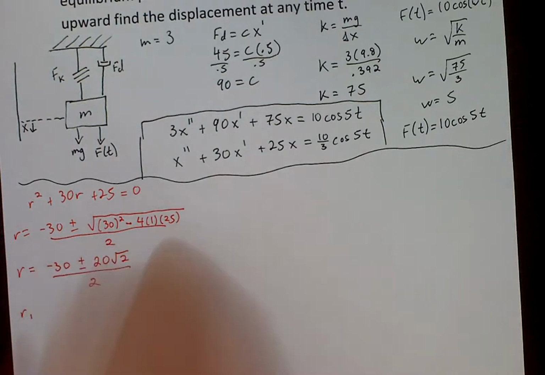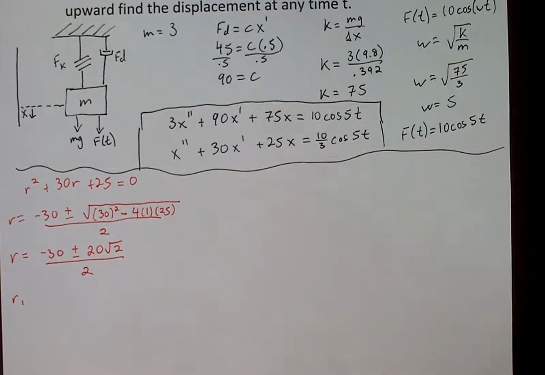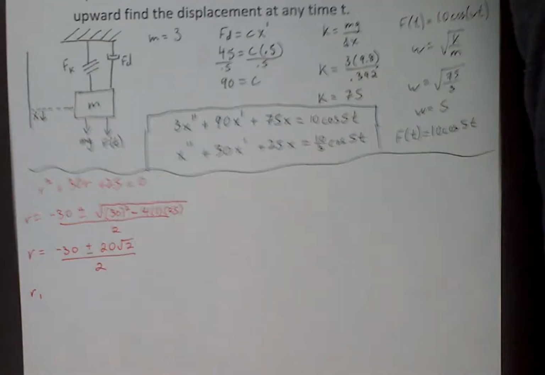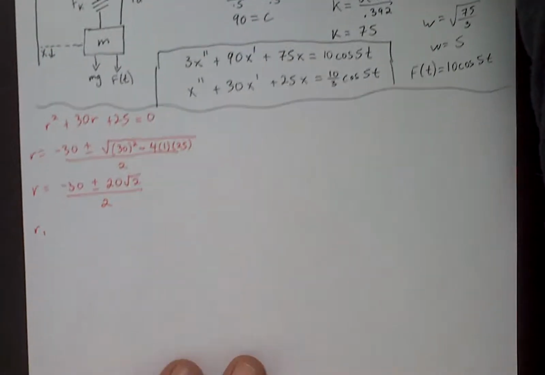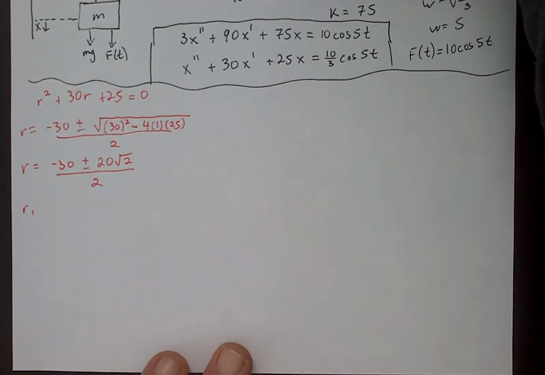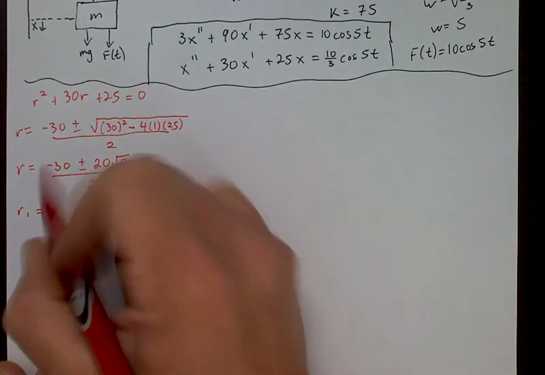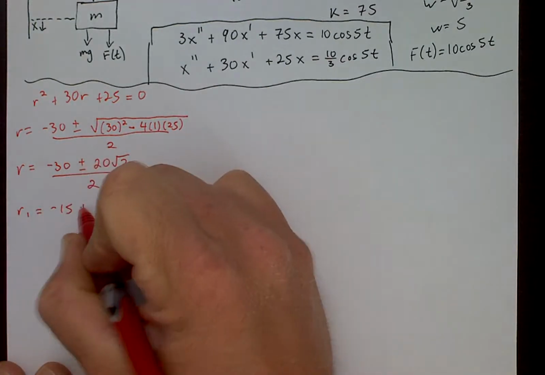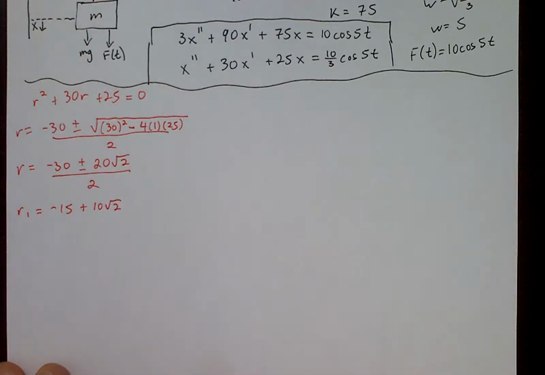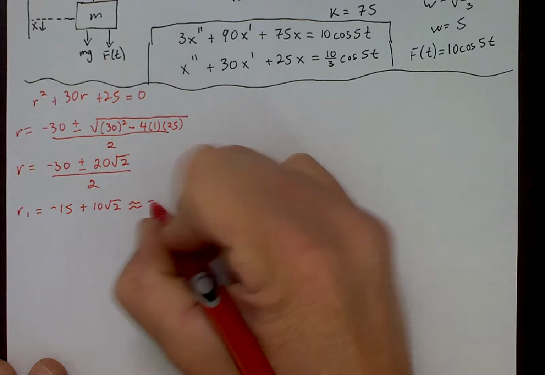So R1, sorry for the crooked screen. R1 is, I'm going to divide by the 2, so negative 15 plus 10 root 2. If you plugged in your calculator, which I did already, it was negative 0.